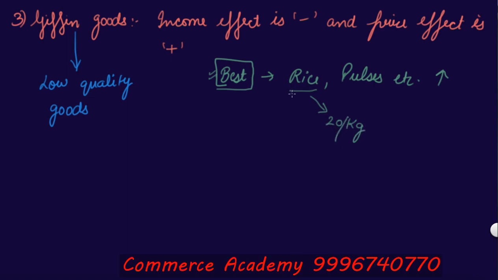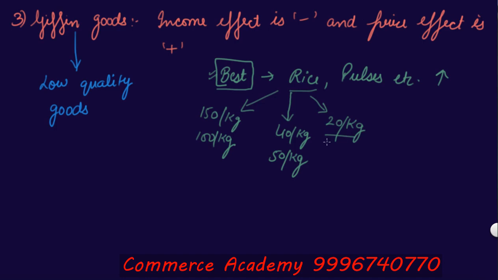If there is a middle income group person, he will buy rice at 40 or 50 per kg. If a person is of a high income group, extremely rich, they might eat brown rice, or take 150 rupees or 100 rupees per kg rice, because they can afford it.